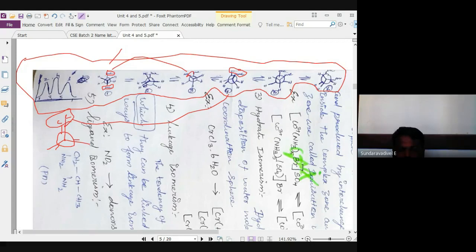So this is number wise. The first one is the most stable, then the third one, then the fifth one, then the second, then the sixth, then the fourth. The last one is the fourth.